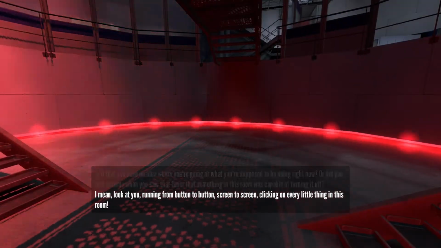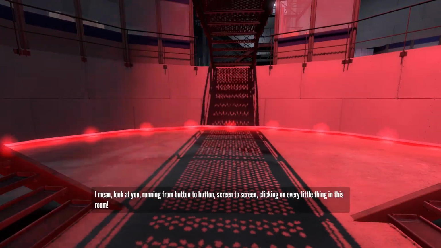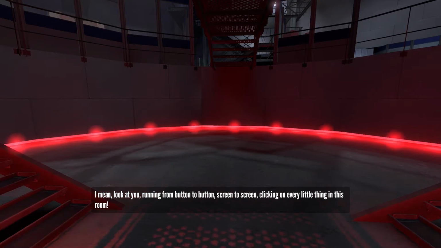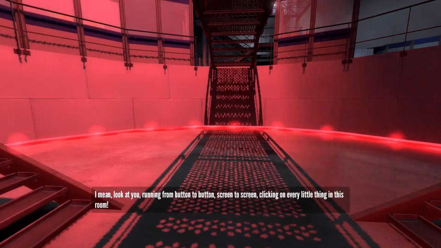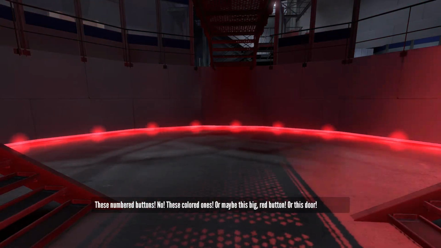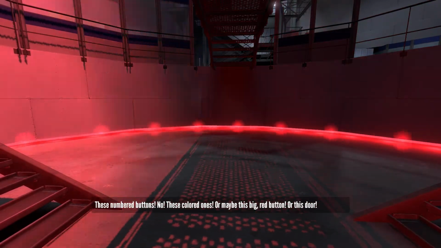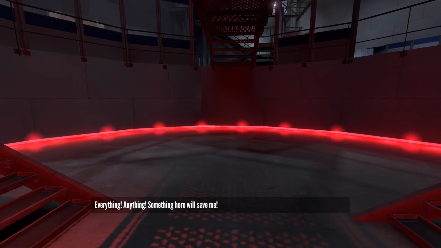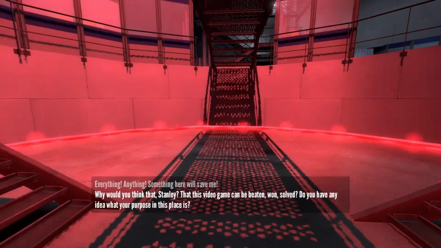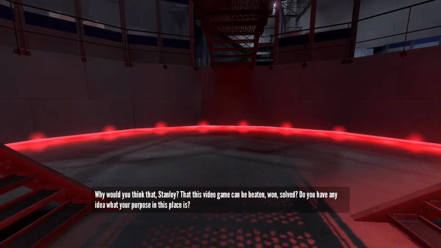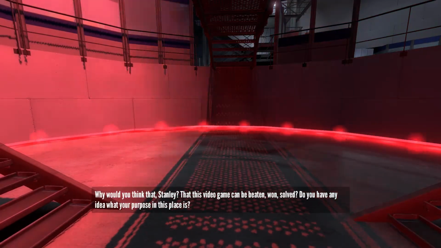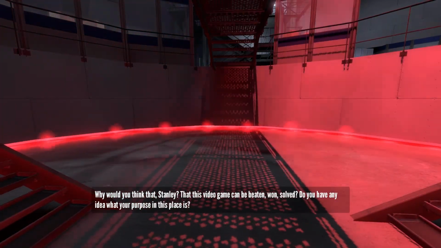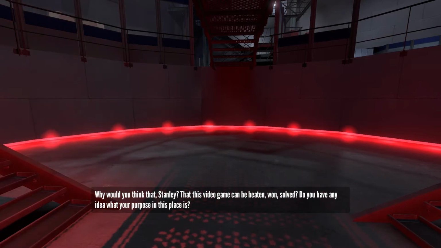I mean, look at you. Running from button to button, screen to screen, clicking on every little thing in this room. These numbered buttons, no, these colored ones. Or maybe this big red button, or this door. Everything, anything, something here will save me. Why would you think that, Stanley? That this video game can be beaten? Won? Solved? Do you have any idea what your purpose in this place is?